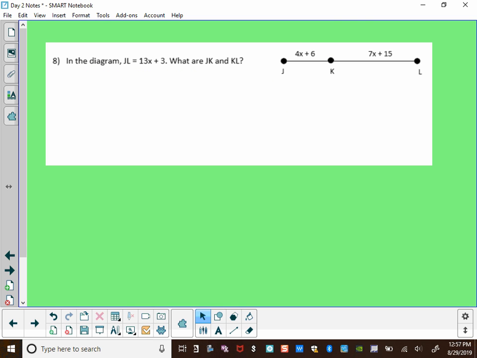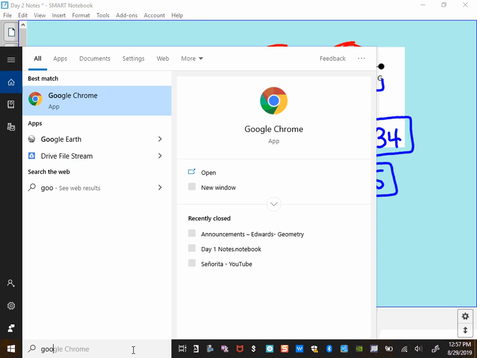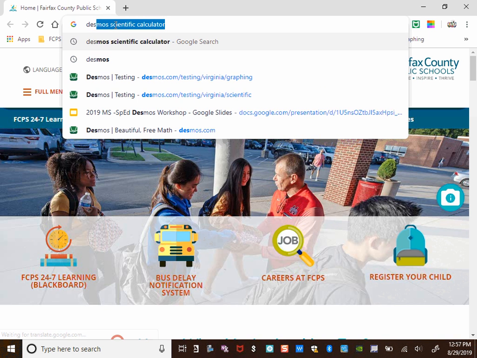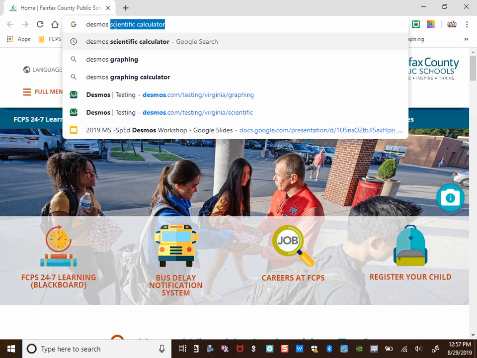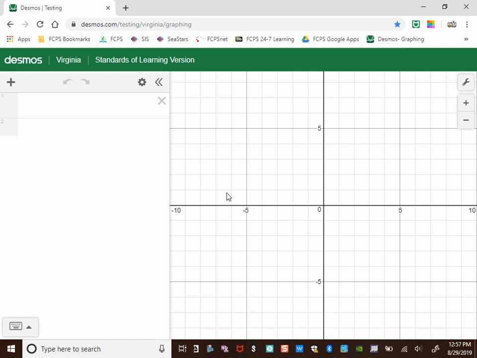Let's look at number 7 once we start using Desmos. You can type in what you need to.